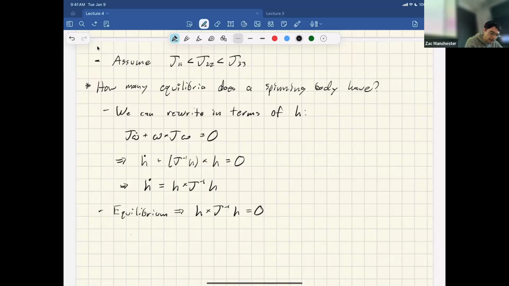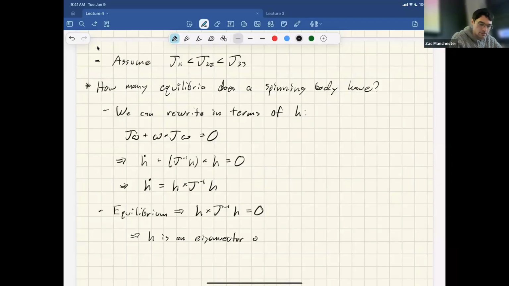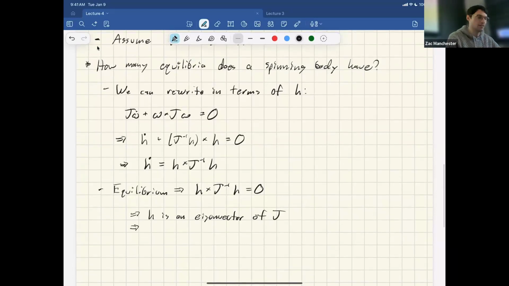So for this to work out, h is an eigenvector of the inertia, which is also equivalent to saying that h is parallel to one of the principal axes of the inertia matrix, right?